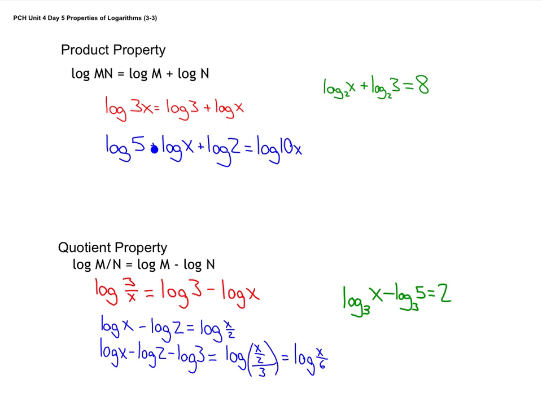So that's why if we have the log of things multiplied, we can split it into 2 separate logs being added together. We're adding the exponents. If we have 2 exponents, or 3 even, added together, we can put all those together as a multiplication problem inside one log. So here we have expansion, here we have condensing.